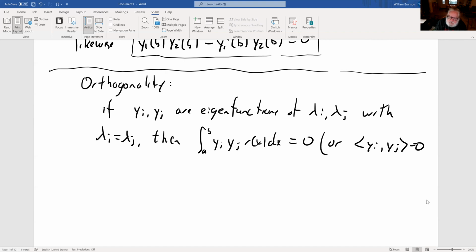Or in a different meaning, if you think about that integral as being an inner product, it's telling us that these two functions are orthogonal. Okay, so how do we actually check this?